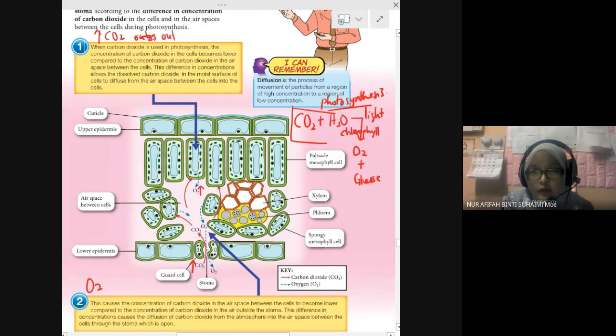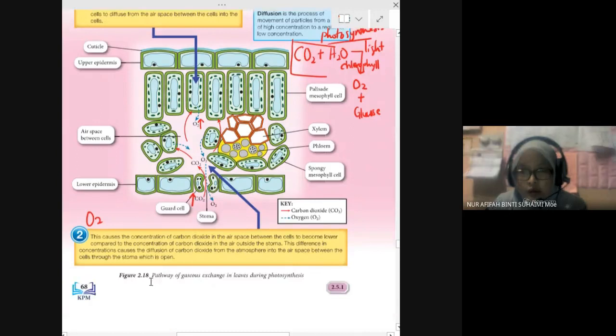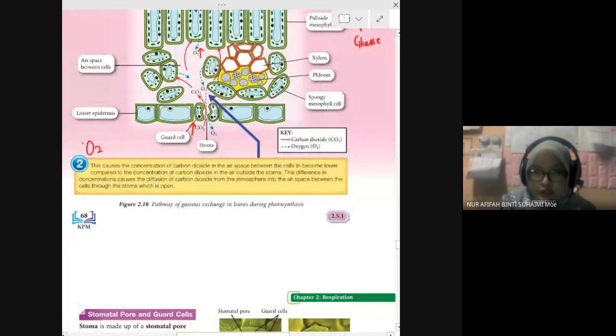Higher outside, then it will diffuse into the leaf, into the epidermis of the leaf to carry out photosynthesis. After it carries out photosynthesis, it will produce more oxygen, so inside the leaf there is more oxygen.